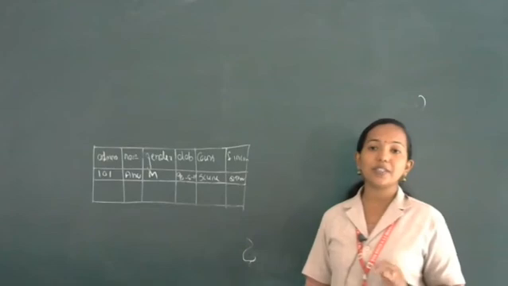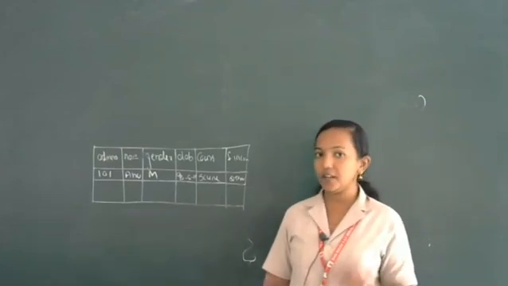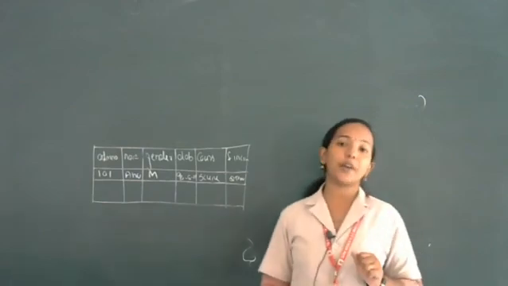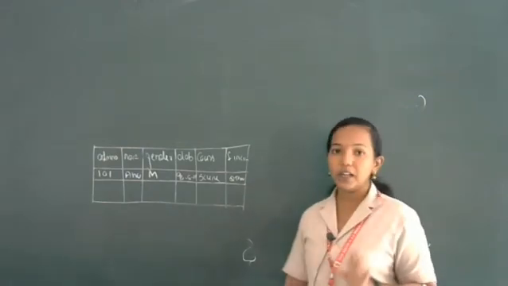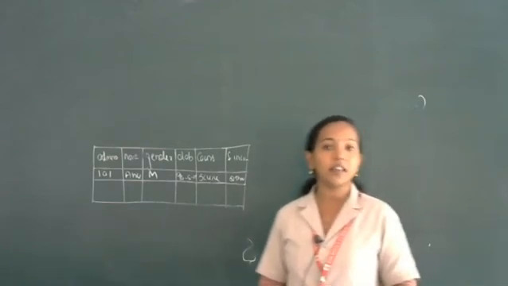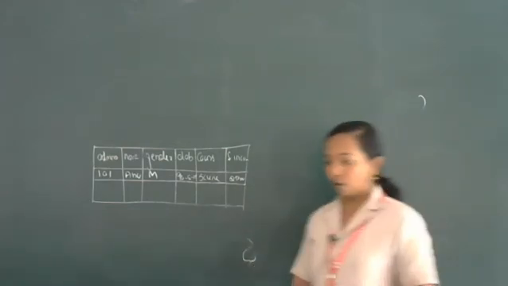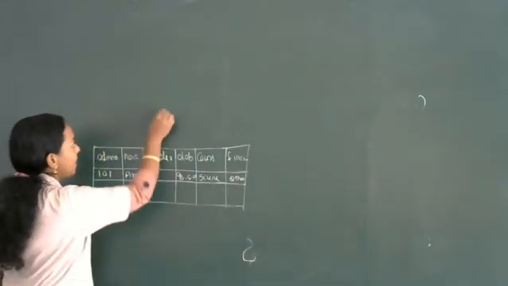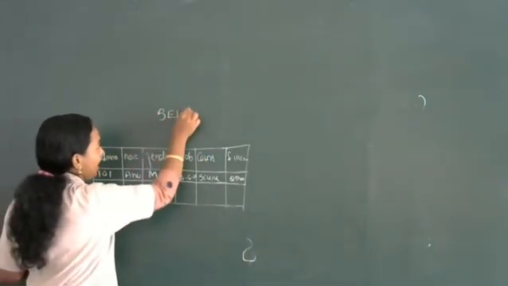Select operation is for selecting tuples from a relation, project operation for extracting or retrieving columns from a relation. But in SQL or MySQL we use a single command for extracting rows and also columns, the select command.